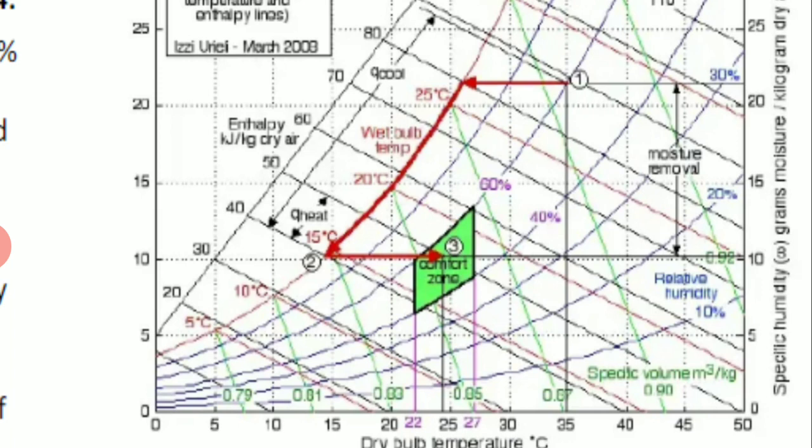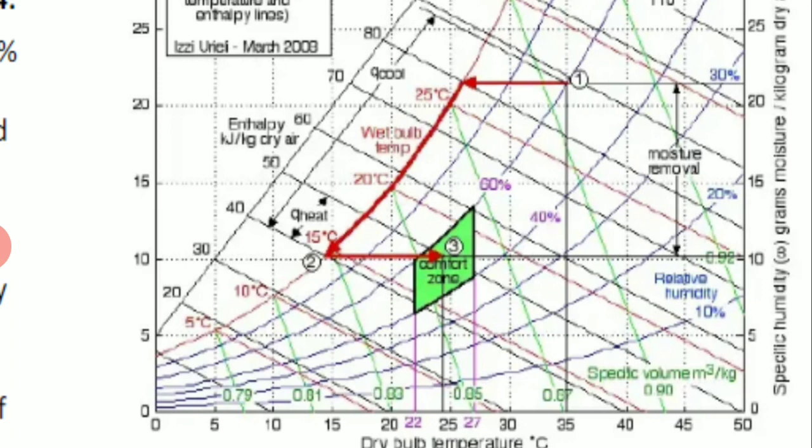Where exactly point 3 and the curve you have drawn to the downside meet, you represent that as point 2 here. From point 2, if I draw towards the right hand side, it is called the heating process. The first process is called cooling.